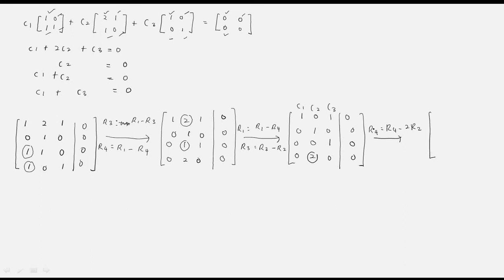We want to change R4 only, so we can copy 1, 0, 1, 0, 1, 0, 0, 0, 1, and continue with R4. R4 minus 2R2 is still 0. 2 multiplied by 1, so 0. 0 multiplied by 0 is 0. 0 minus 0 is 0.